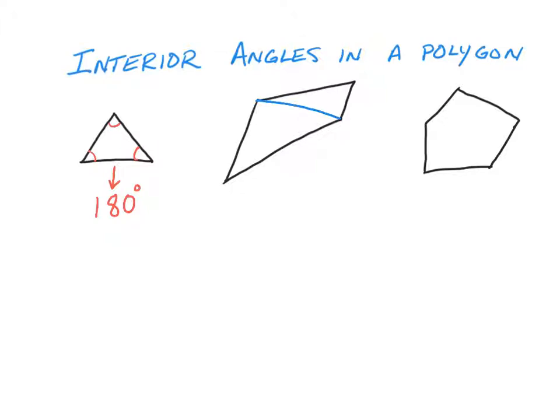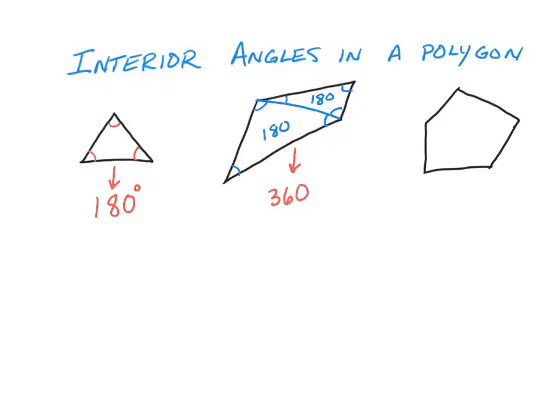And notice these two triangles have all of their angles that line up and fit into the interior angles of the quadrilateral. So this triangle is 180 and that triangle is 180. So combined, those would equal 360.